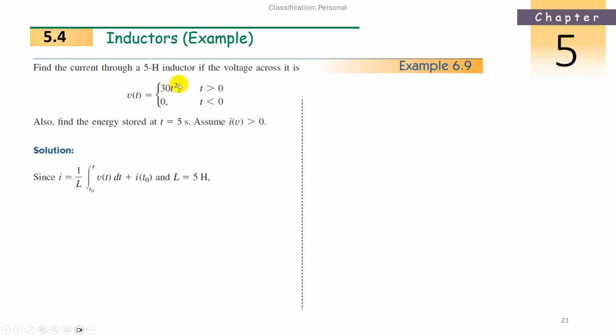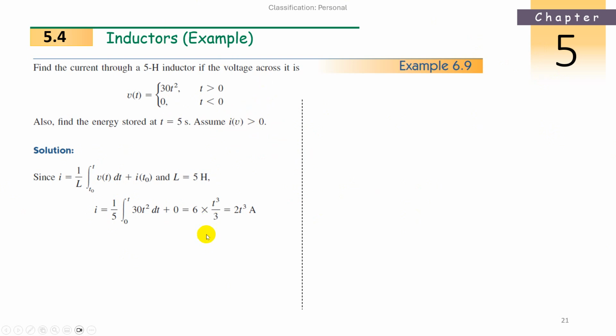We just have to integrate 30 t square, and L is given as 5 henries. So i is equal to 1 by 5, because the inductance is 5 henries, integral of 30 t square dt plus 0, because the initial condition is 0 here. Now, x square integration is x power 3 by 3, that is x power n plus 1 divided by n plus 1.